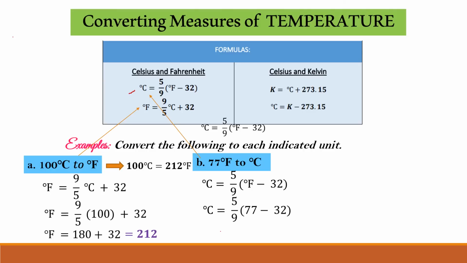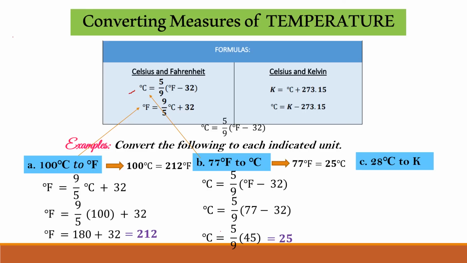So we have 5/9 times the quantity 77 minus 32. We simplify 77 minus 32 and then we multiply the result by 5/9. So we have 5/9 times 45. The result is 25. So we can say that 77 degrees Fahrenheit is equal to 25 degrees Celsius.